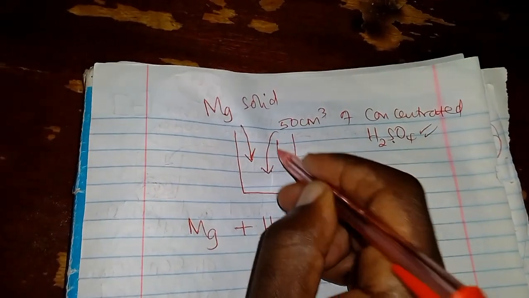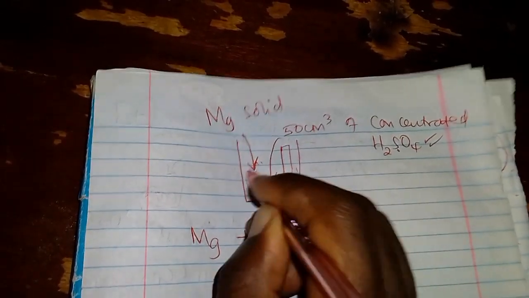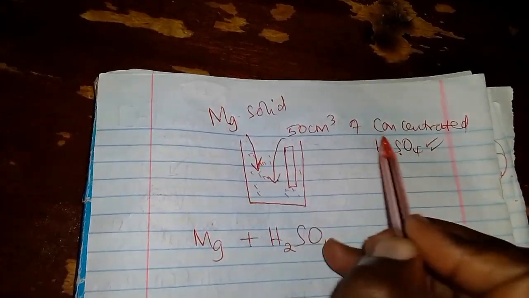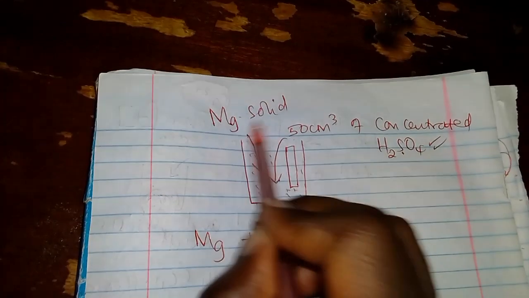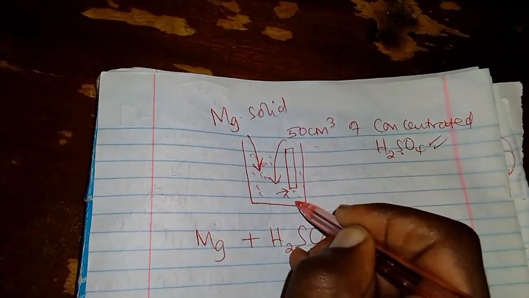So in case I dip a thermometer into the solution, and the two are reacting, the metal and the acid form a system, and that system will give heat to the surrounding.